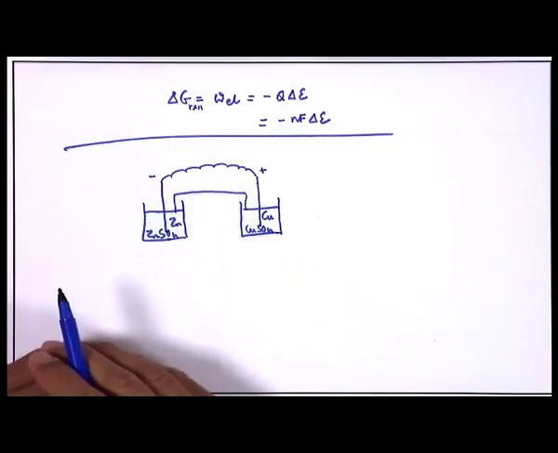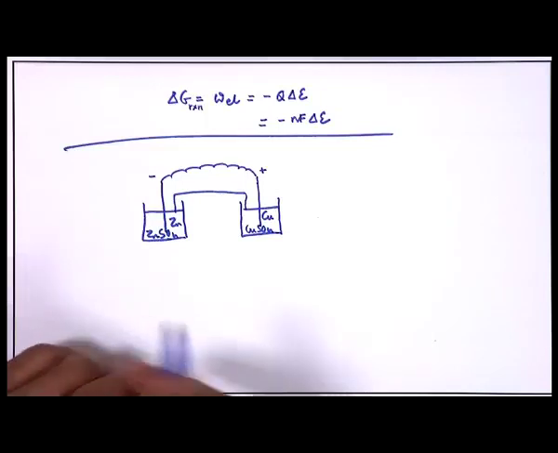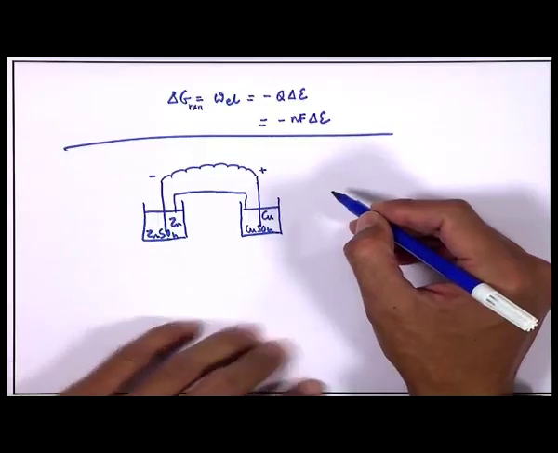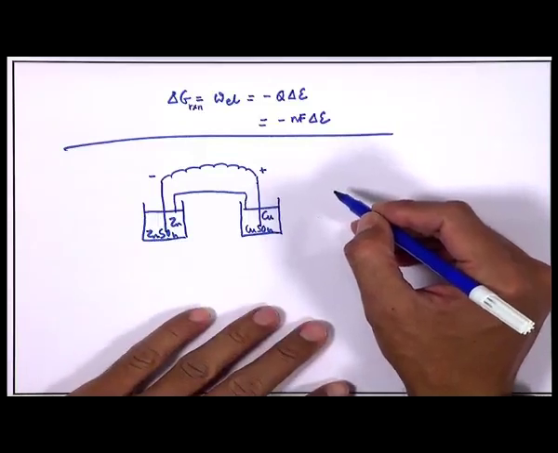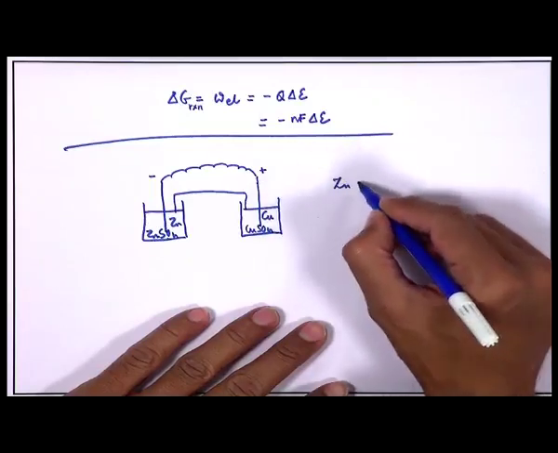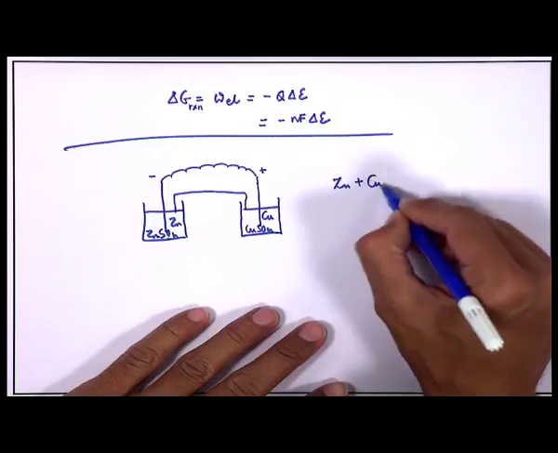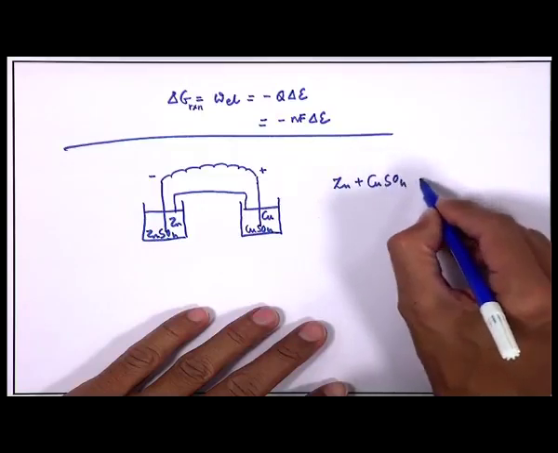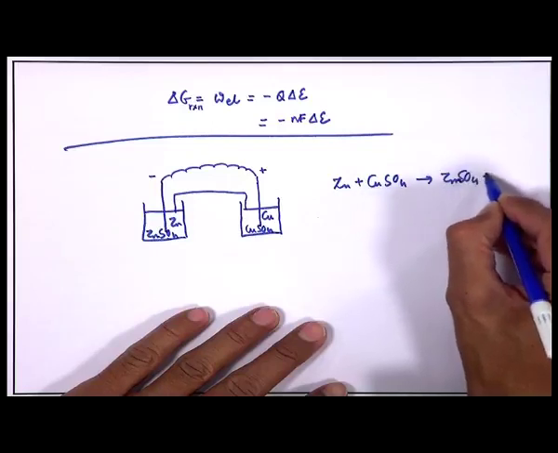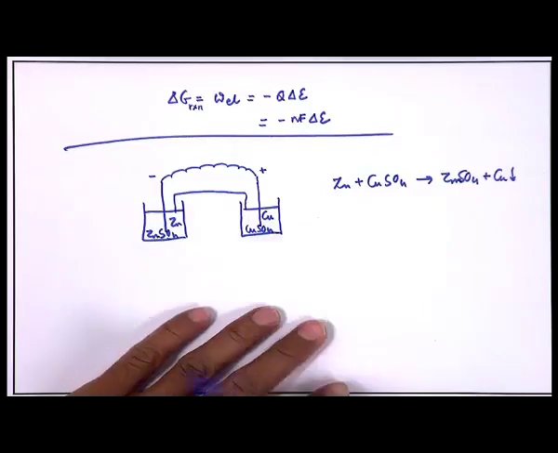Okay. Now, what is the net reaction? Zinc will get solubilized. So, zinc plus copper sulphate gives zinc sulphate plus copper deposited.